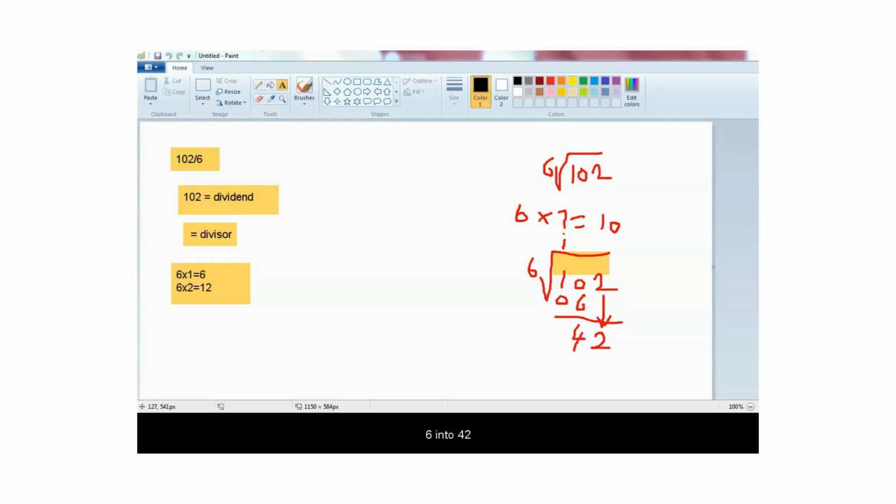6 into 42. 6 multiplied by what gives 42? Let's check that out again.